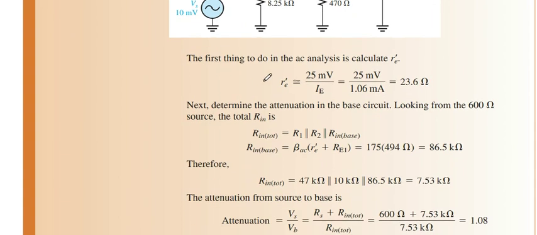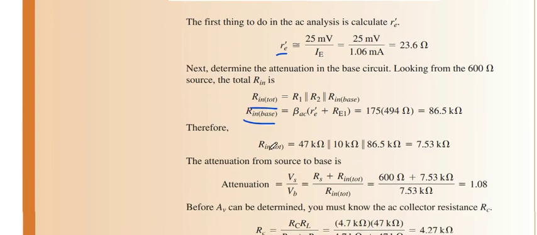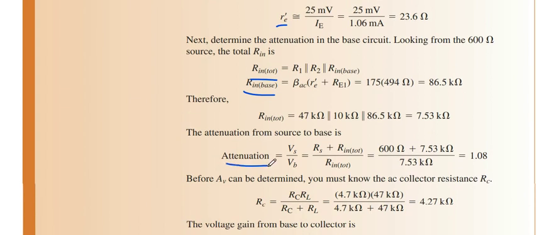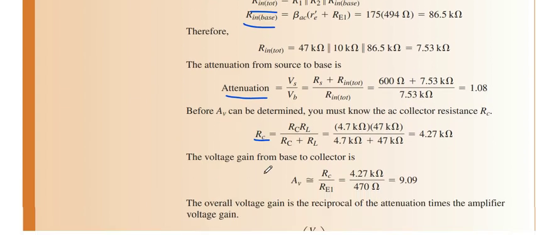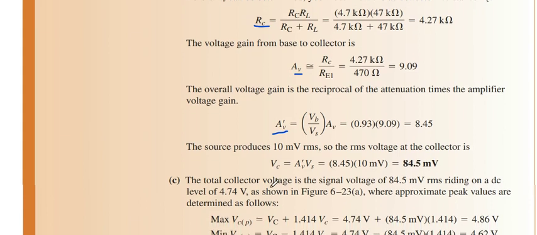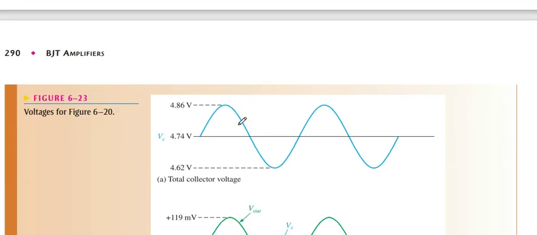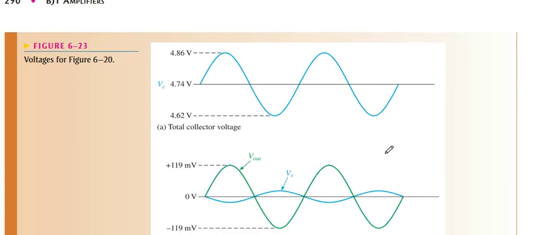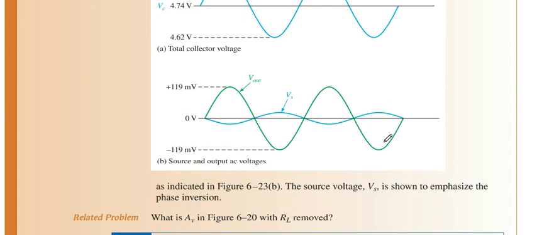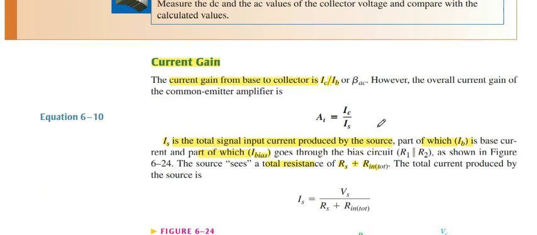For the AC signal, we calculate r_e, R_in(total), R_in(base), then attenuation, r_c, voltage gain, and overall voltage gain, and all of this. This is our waveform. It also expresses what happens when we amplify the circuits.